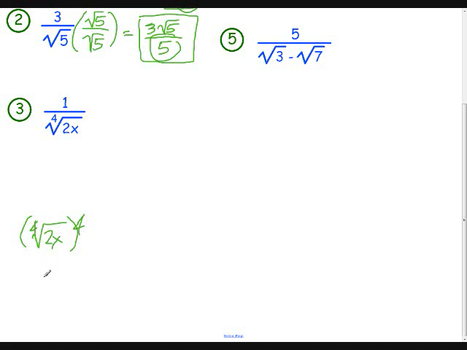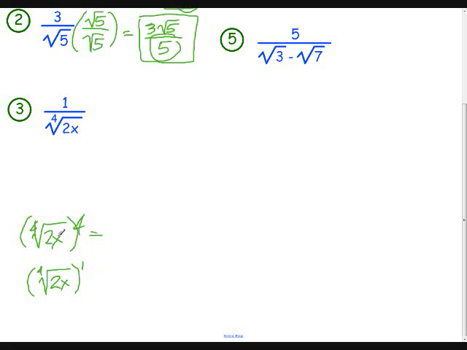What I have in the denominator right now is the fourth root of 2x. And what power is that at? Well, of course, we don't see any power here, but we know that it must be 1. We just never write it out.